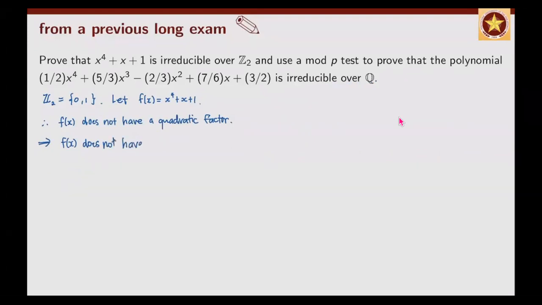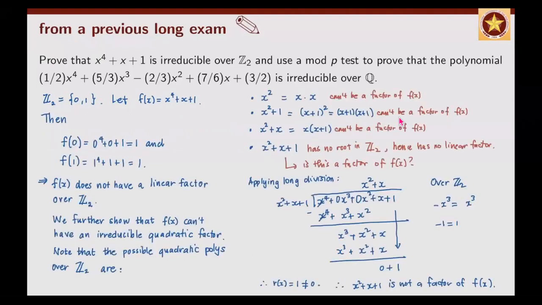Do you know why? Why does this follow by default? I want anybody to explain why we no longer need to prove this, and why this follows. We started by proving that it does not have a linear factor, then it does not have a quadratic factor, because we listed one by one the possible quadratic factors, yet none of them was a factor.